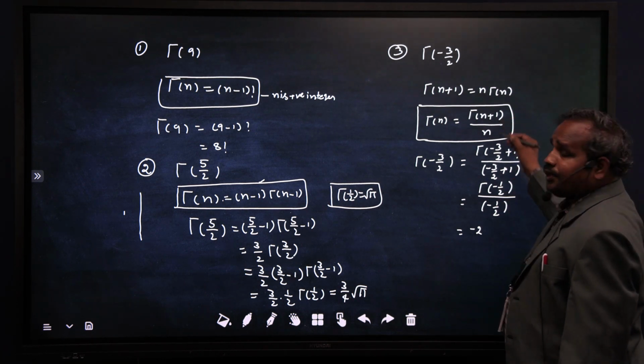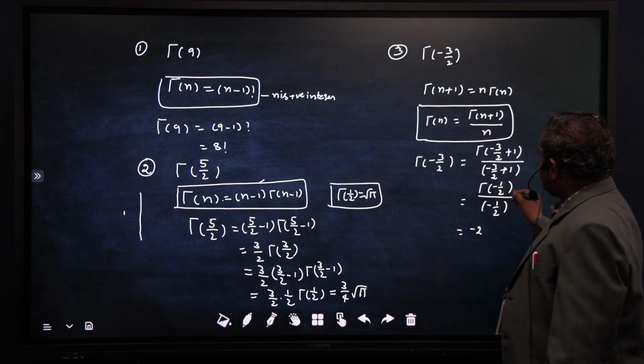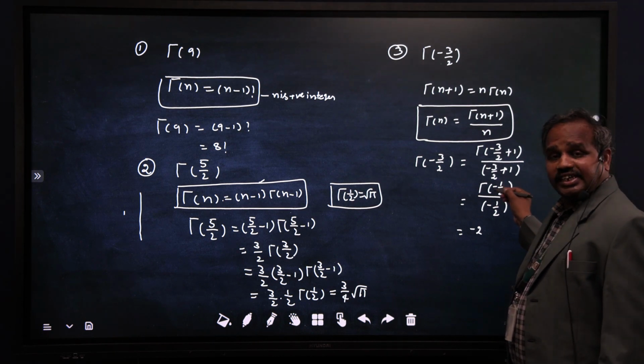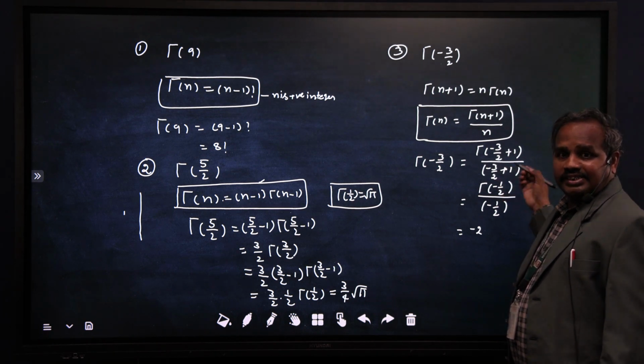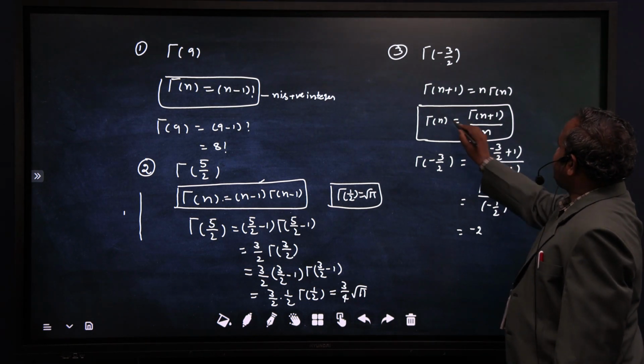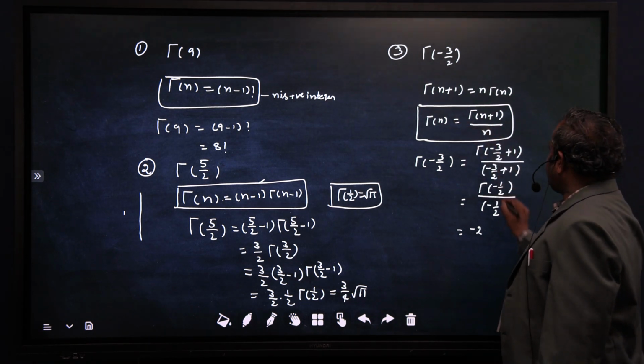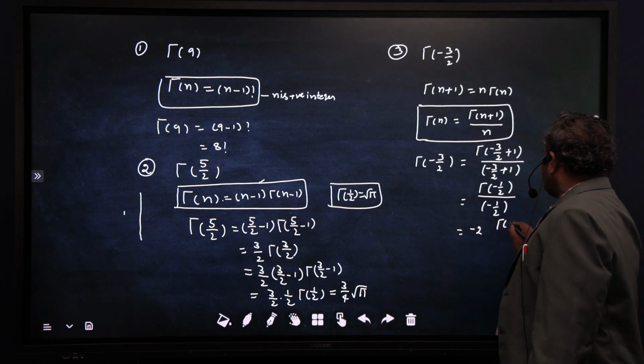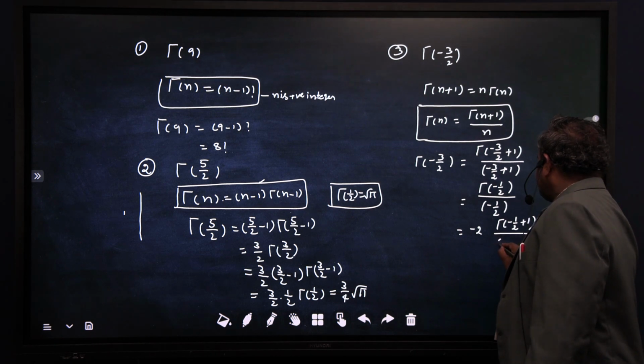We use this formula until the value inside the gamma becomes positive. For gamma of minus 1 by 2, apply the same formula with n as minus 1 by 2: minus 1 by 2 plus 1 by minus 1 by 2 plus 1.